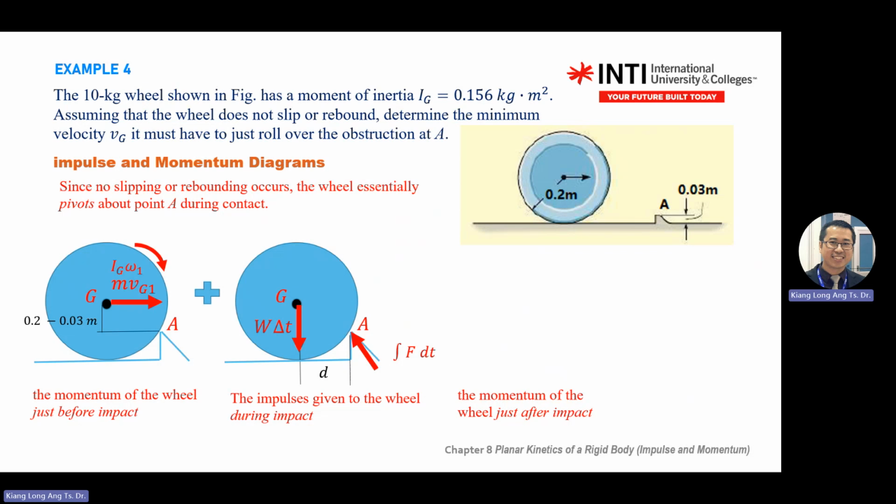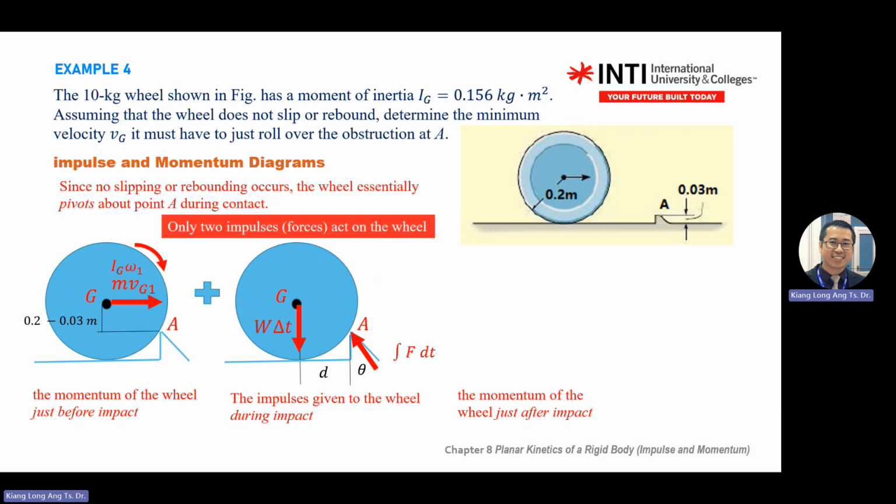So I draw an arrow there. There's a force pointing at the surface, multiplied by the time gives the impulse. And W goes down, force multiplied by time gives the impulse. So this is the linear impulse.